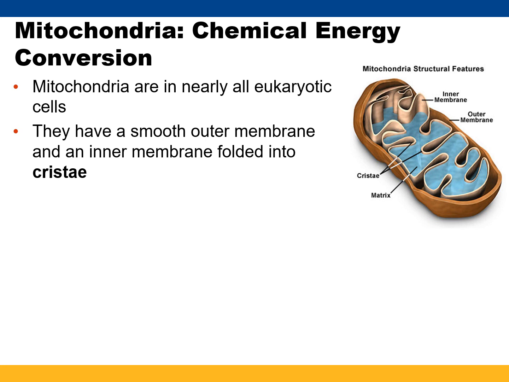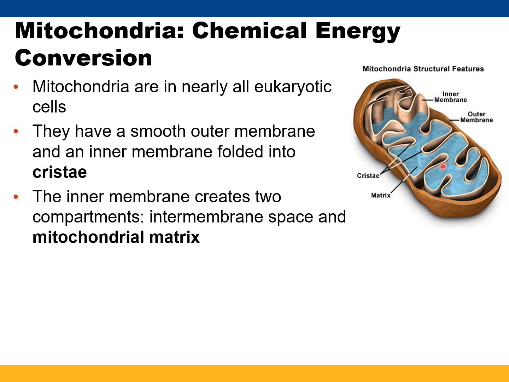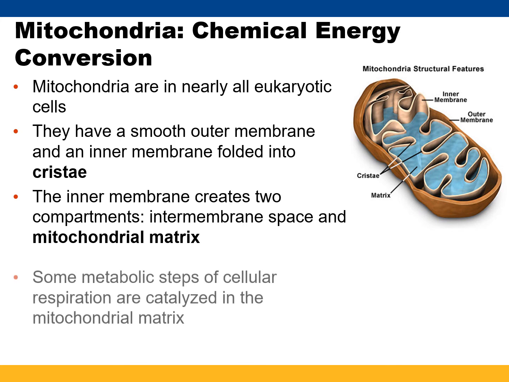And inside this inner membrane is a super dense, semi-gelatinous mixture of proteins, a little bit of water, but very protein rich, very molecule rich, what we call matrix. Not quite as thick as gelatin, but certainly close to it, allowing for very regulated reactions to occur.